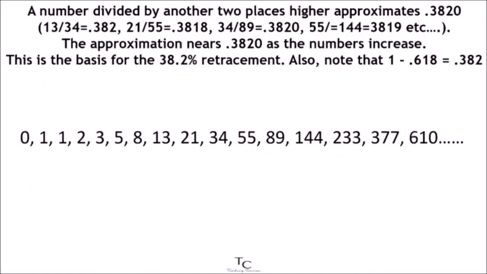A number divided by another two places higher approximates 0.3820. 13/34 equals 0.382, 21/55 equals 0.3818, 34/89 equals 0.3820, 55/144 equals 0.3819, etc. The approximation nears 0.3820 as the numbers increase.